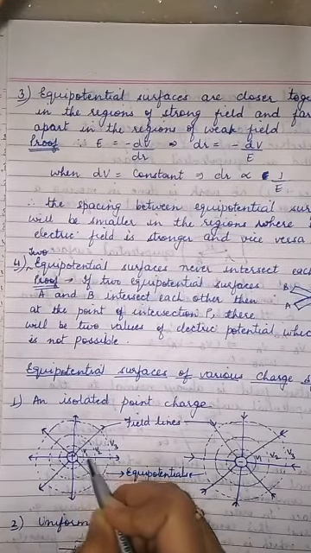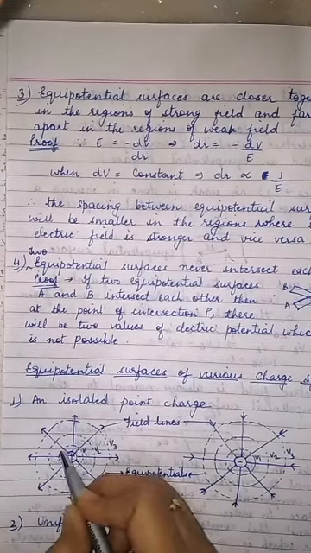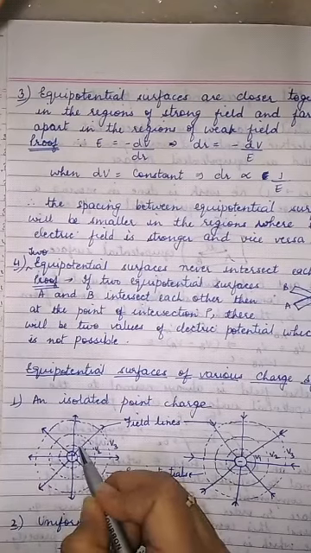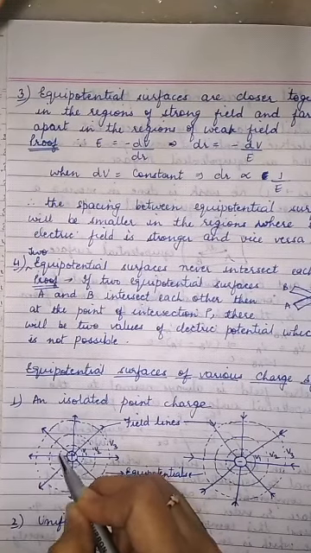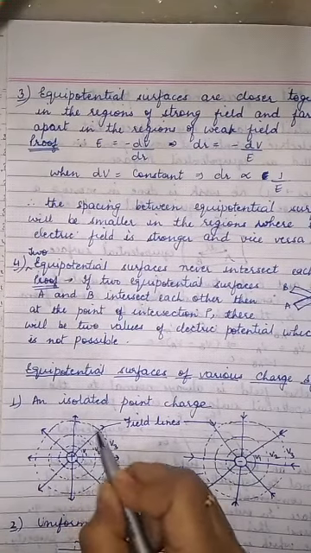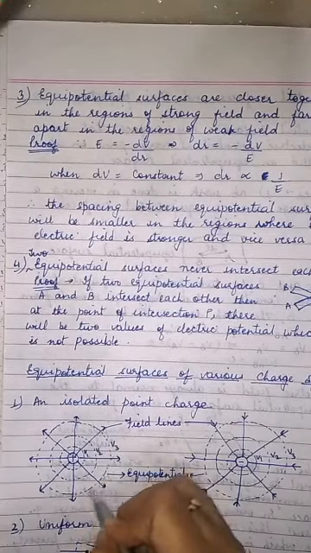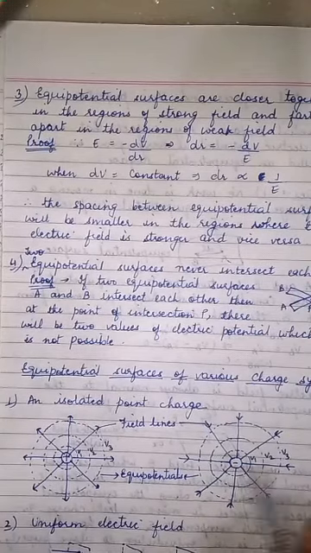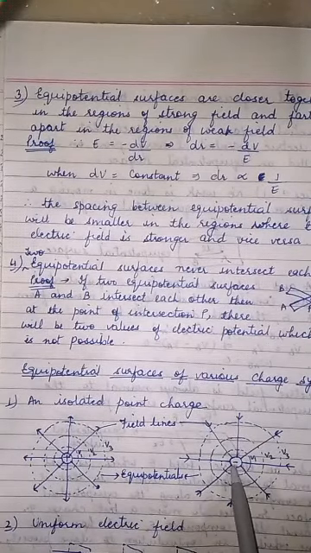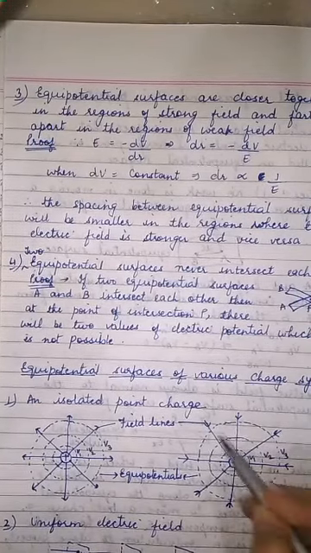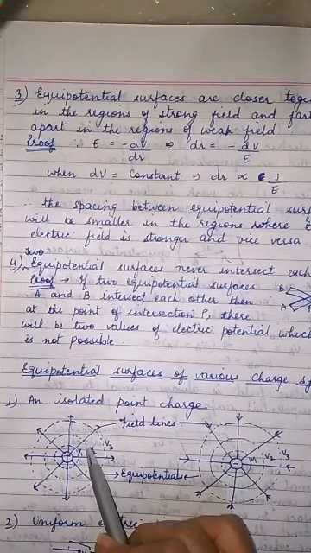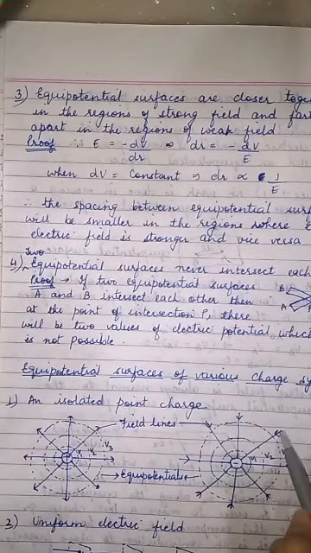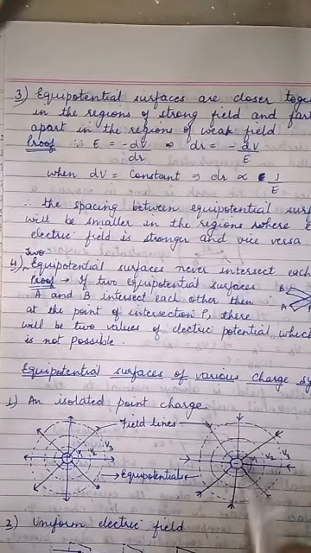So if we draw the normal to all these field lines, we have circles. So the equipotential surfaces are concentric circles. Similarly for a negative charge, the difference between positive and negative charge is only the direction of the field lines. Here the field lines are radially outwards and here the field lines are radially inwards.